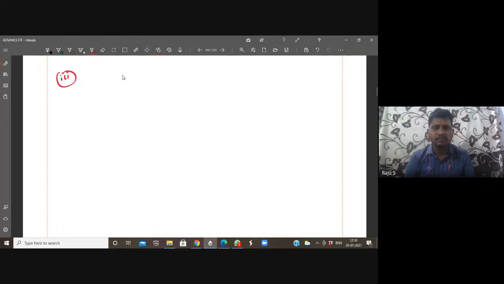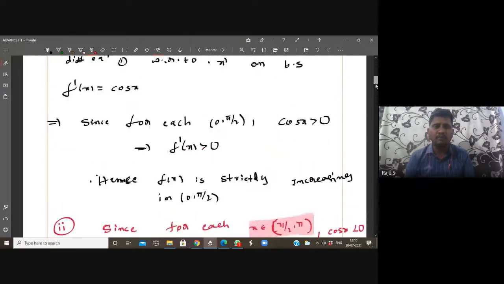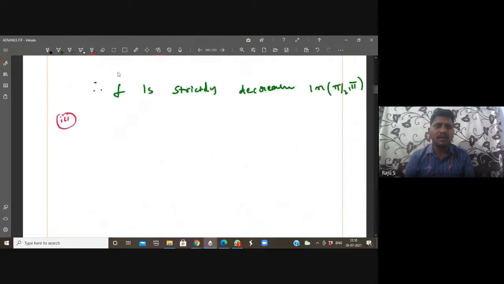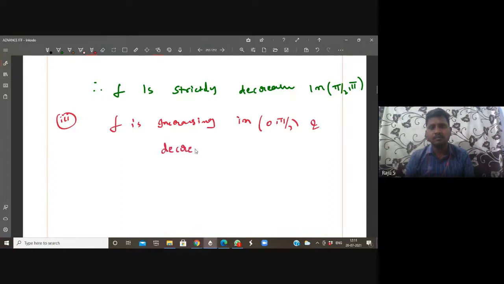From the above, clearly f is increasing in 0 to pi by 2 and decreasing in pi by 2 to pi.